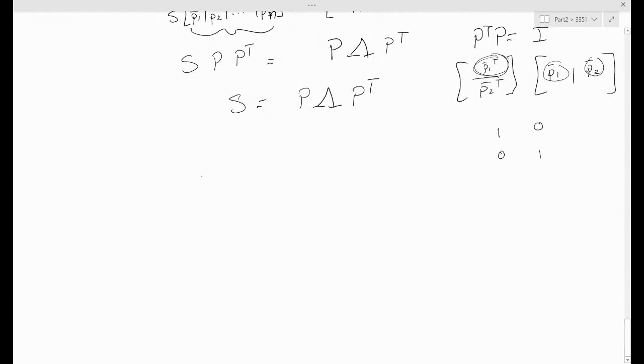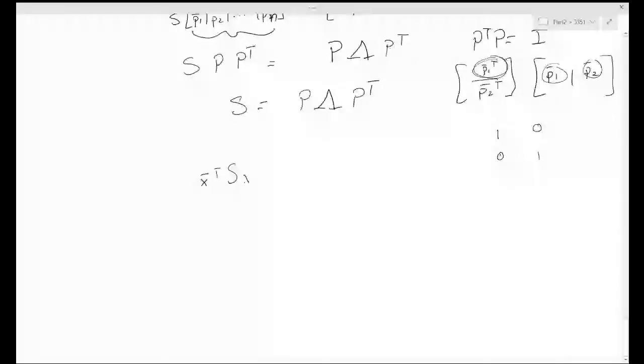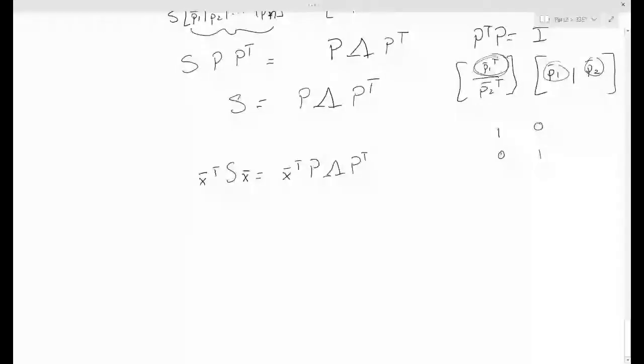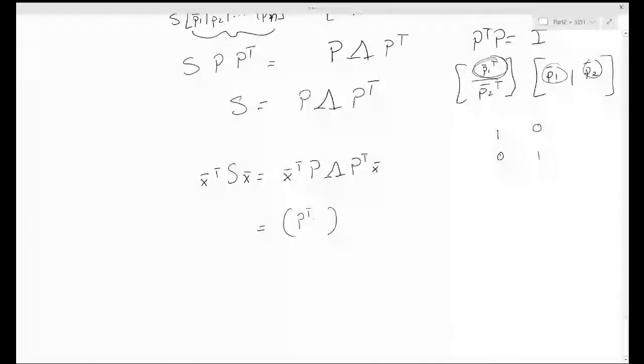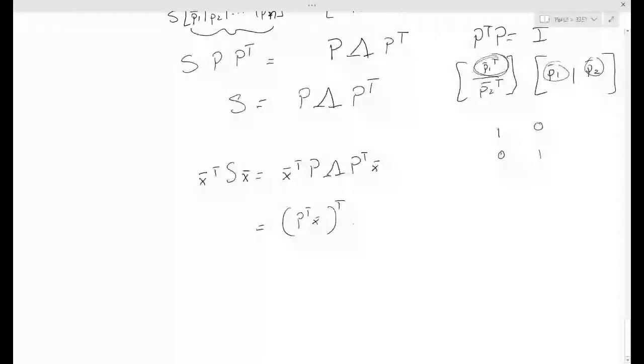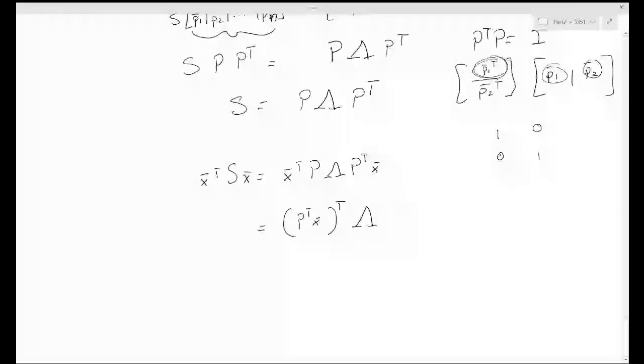So let's see. Then if you have x transpose S x, you can replace S with this diagonalization here. And you think of this as P transpose x, transposed, times the diagonal matrix.